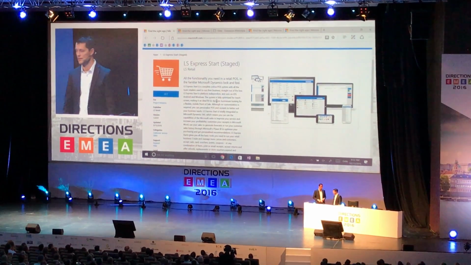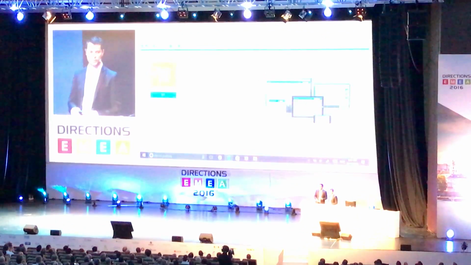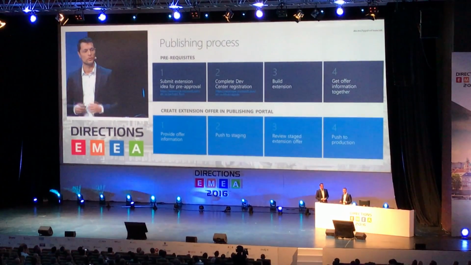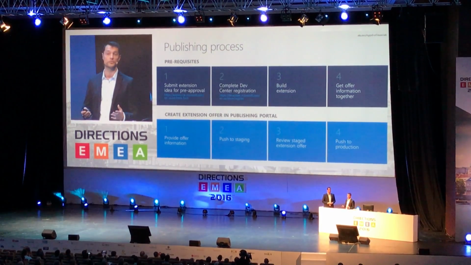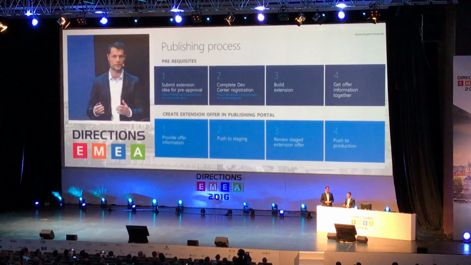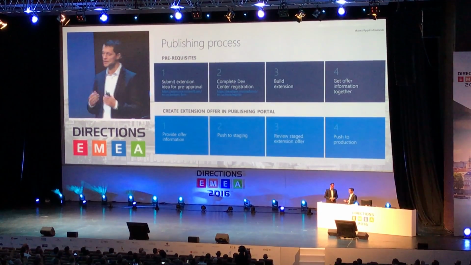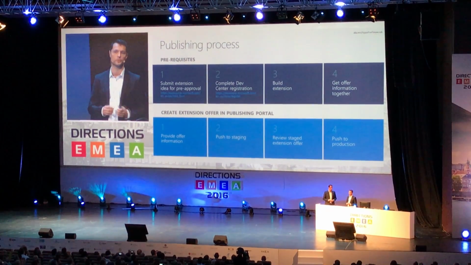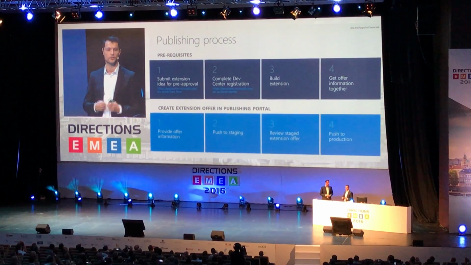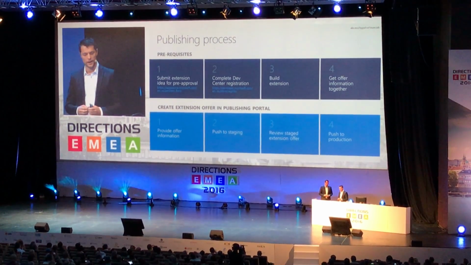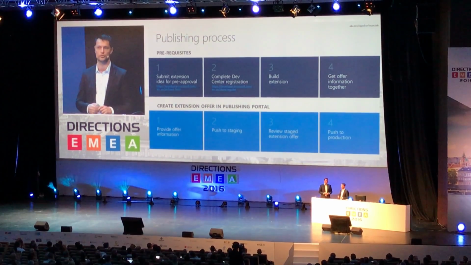Let's talk about what getting into AppSource means for you as partners. All you have to do is go through some simple steps to get your extension published into AppSource. And mentioning extensions, an app in AppSource is really an extension that has gone through the validation process that I'll describe in a brief moment, and has been published onto AppSource.